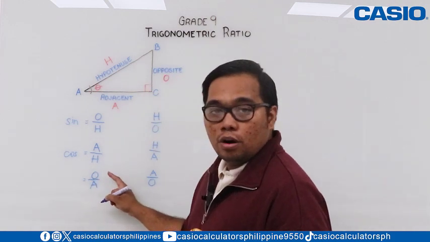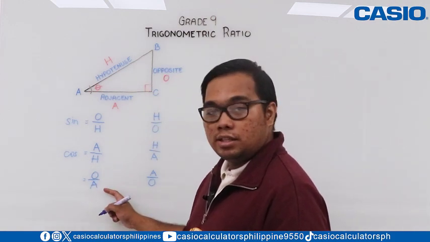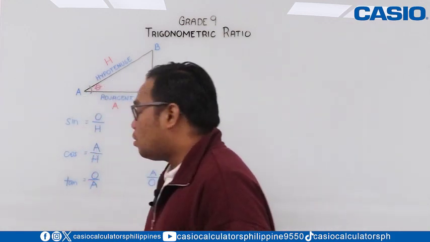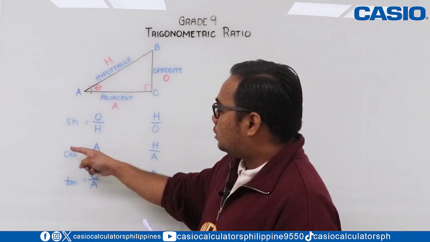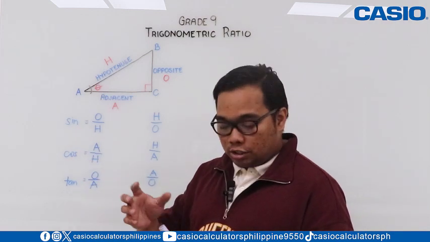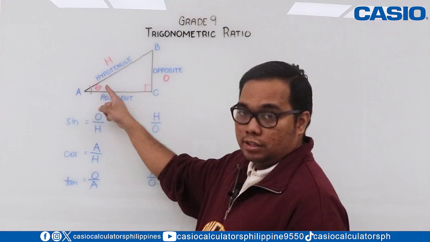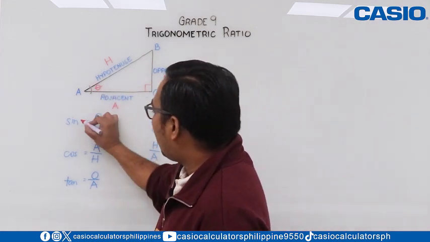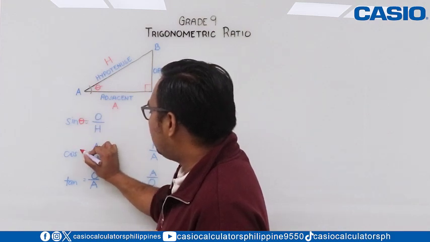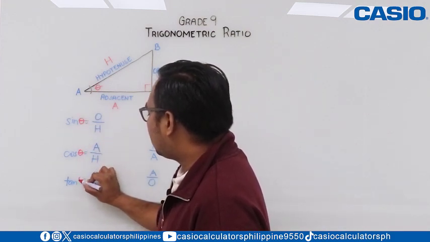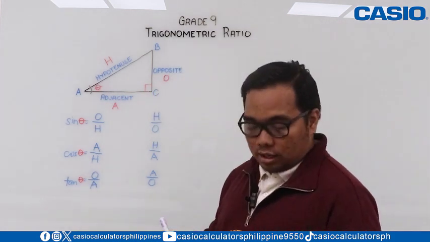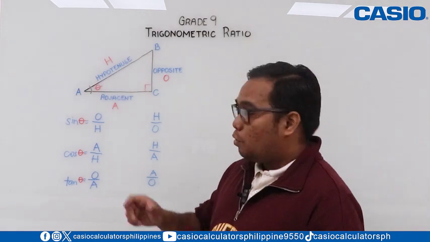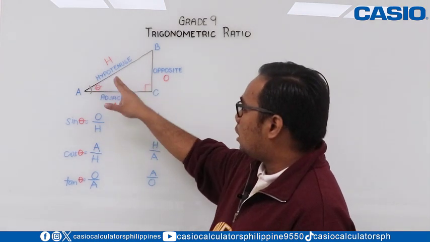The ratio of the opposite side and the adjacent side is called the tangent. Now, each of these trigonometric functions refers to the reference angle and each of the sides. Let us put in the angle, which is sine theta, cosine theta, and tangent theta, as we define our angle A as our reference angle theta with respect to the opposite, adjacent, and hypotenuse.